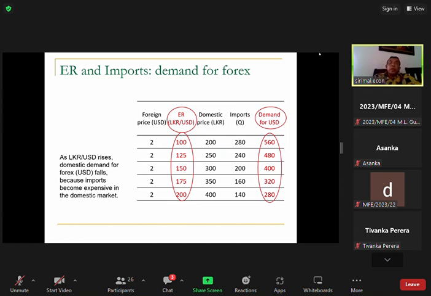If you are going to draw, on the vertical axis you have the exchange rate and the amount of dollars demanded on the horizontal axis. So you have a downward sloping demand line when you plot these two columns. Why is there a downward slope in demand? This is the explanation.